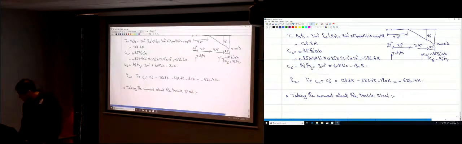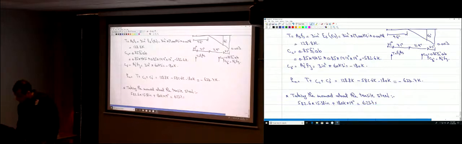The compression force in the concrete is 582.6 multiplied by its distance, which is 15.38 inches, plus the compression force in the steel, which is 180 K, multiplied by its distance, which is d minus d prime, so that's 19 inches. And that's equal to Pn, which is 623.7, times its distance to the tensile steel, which is 9.5 inches, plus Mn. From this, you can find how much is Mn, so it's 521.8 kip-feet.